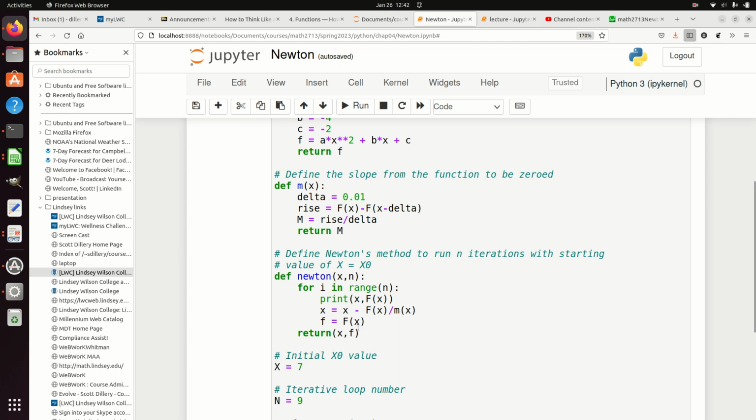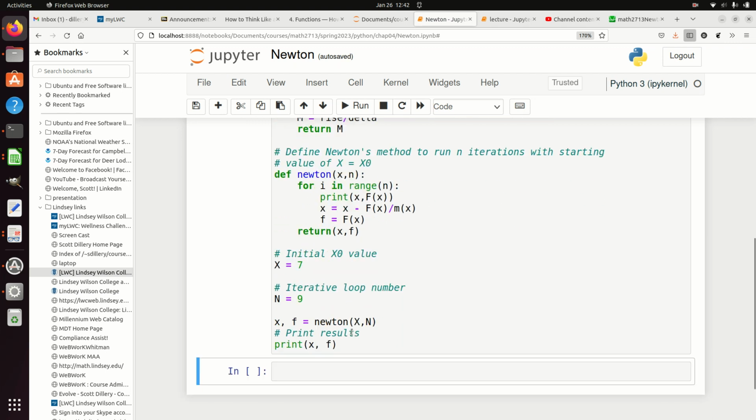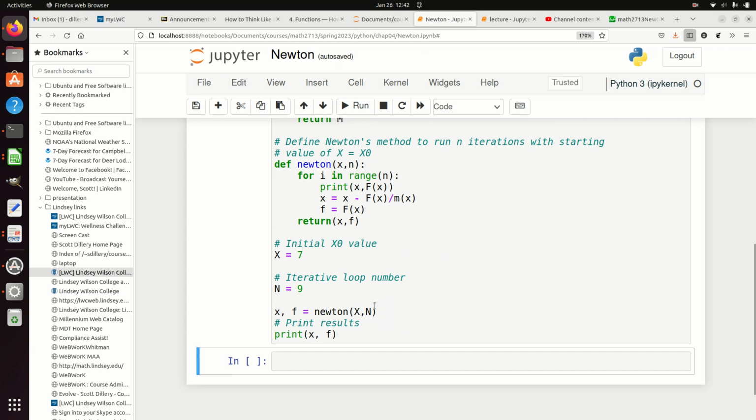But then actually down here where we call the function, notice this function returns two values. It takes two values and returns two values. And notice that the x that comes in actually gets changed. And so we print that out.